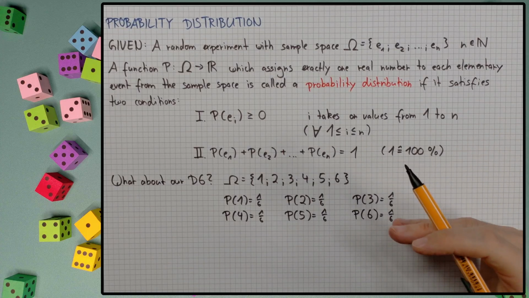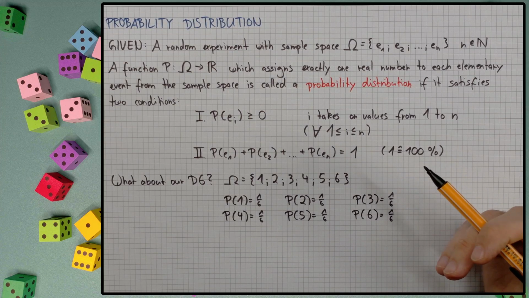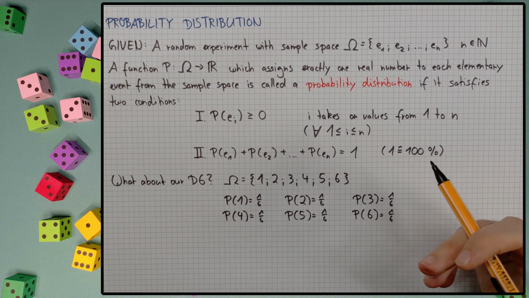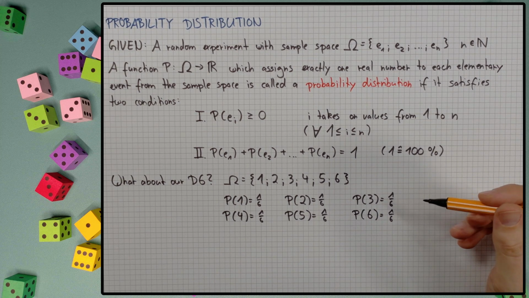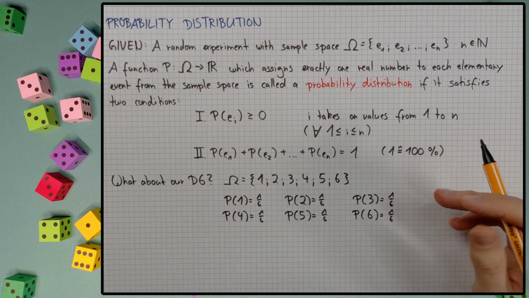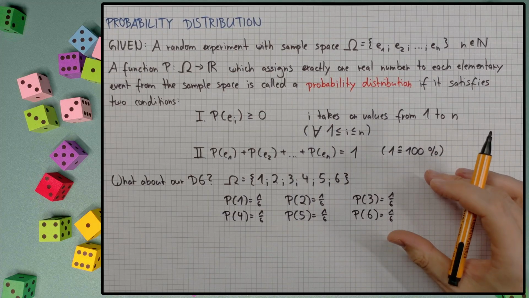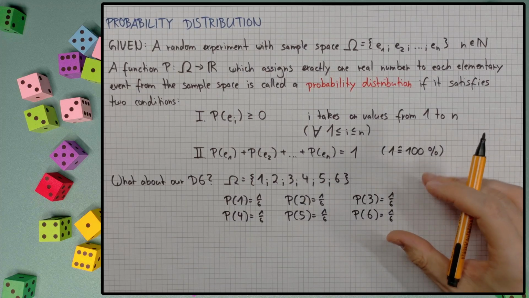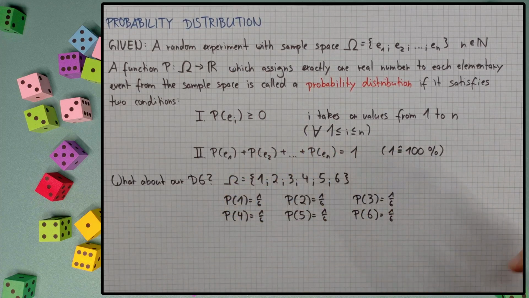This is now an ideal die or a fair die, and we kind of expected to roll every number with the same probability. Chances are it is physically impossible or extremely hard to actually manufacture such a die. So this is a theoretical value, but it's what we are going to be using.